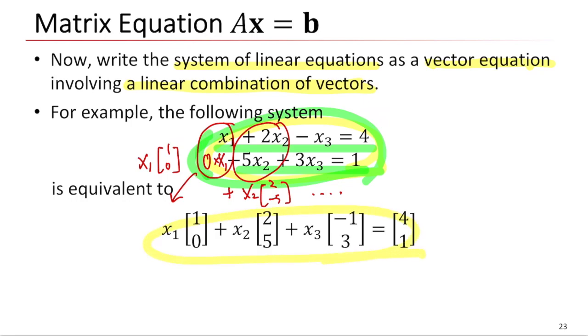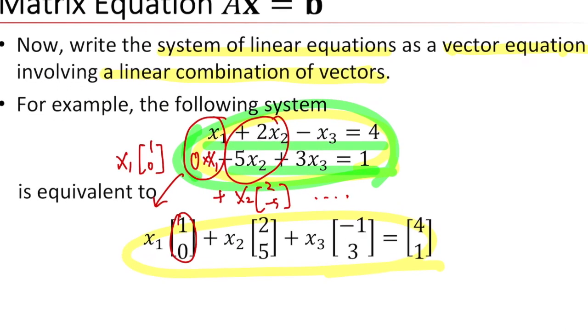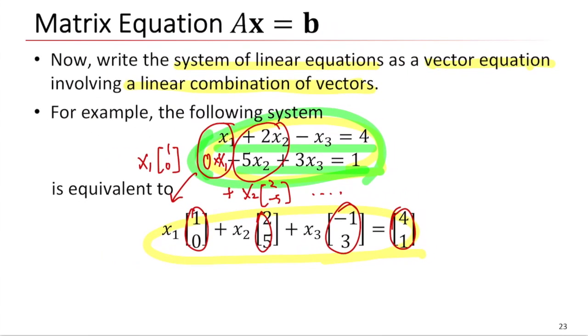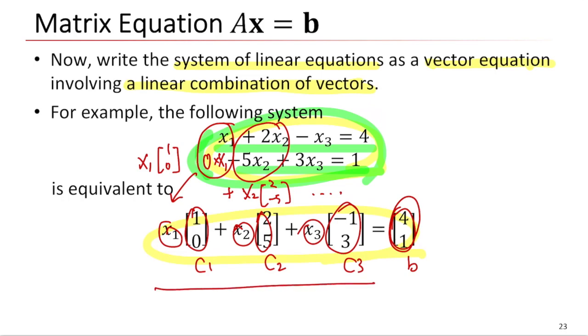So this coefficient 1, 0, 2, -5, -1, 3, 4, 1 will be the column vectors like this, and this will be the b, and this is the weight or coefficient of this vector equation.